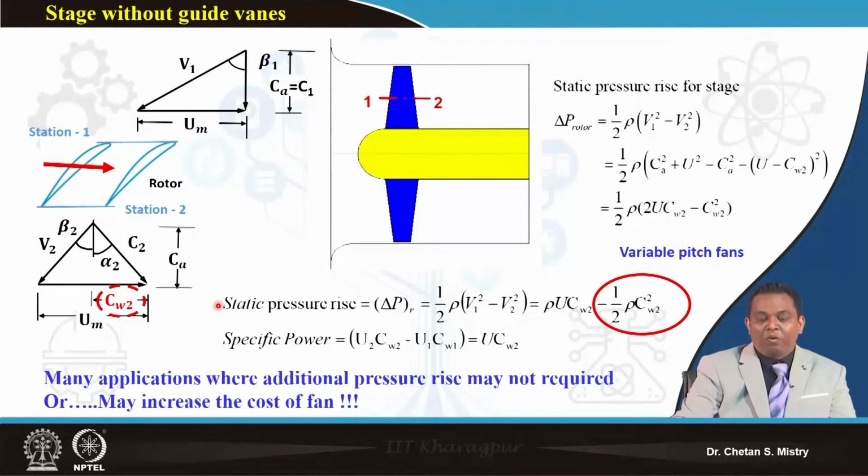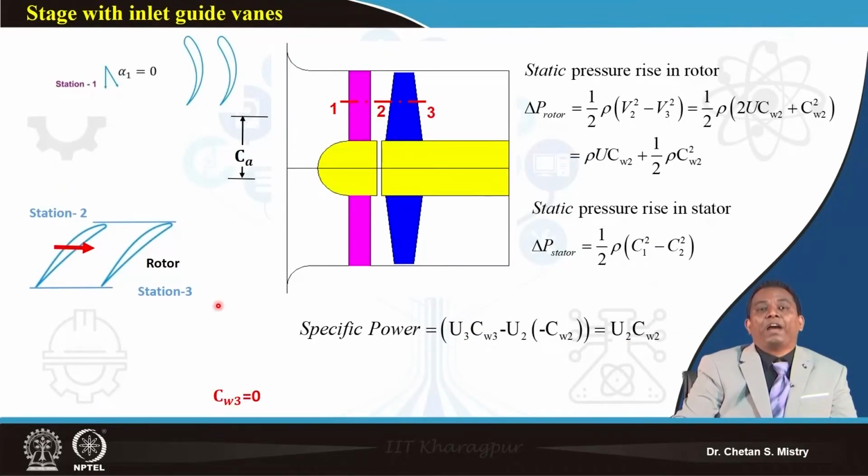Now let's move on. Suppose I am looking to reduce the whirl component, or I don't want the whirl component to come out from my rotor. That means my CW3 is equal to 0. In order to achieve that, we will put a stator or inlet guide vane here.